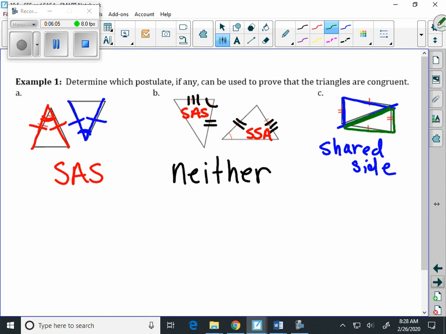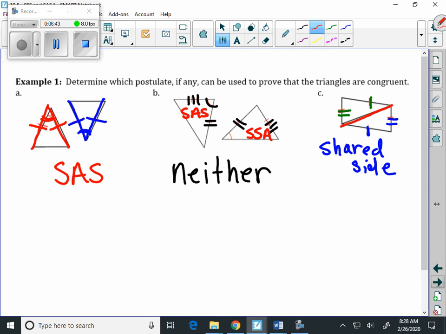So there's the shared side. What we know so far in this picture is a side with one tick mark, a side with two tick marks in the top triangle, and a side and another side in the bottom triangle. But once again, this length here is the shared side. It is in both of those triangles.